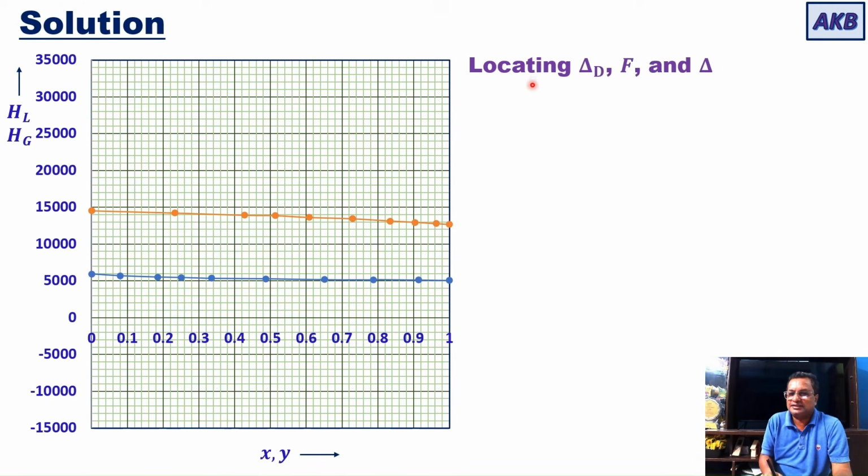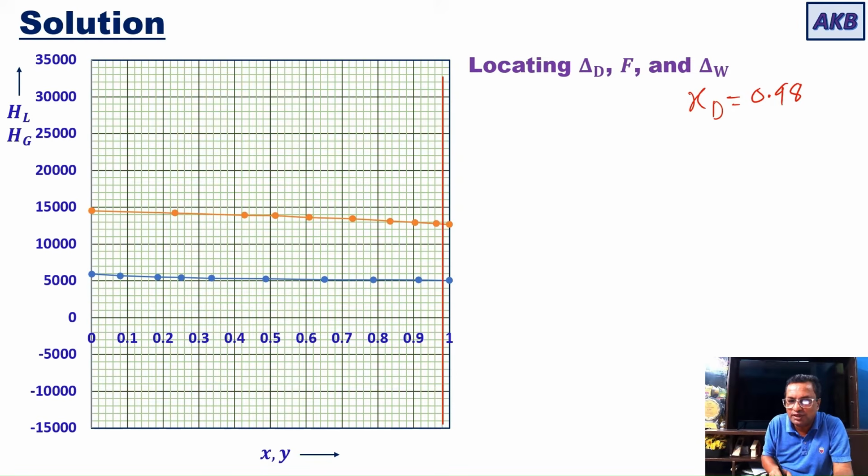Then the next task is to locate delta D, F and delta W on this enthalpy concentration diagram. First, I will draw vertical lines through XD. If you remember, XD that is given to us is 0.98.